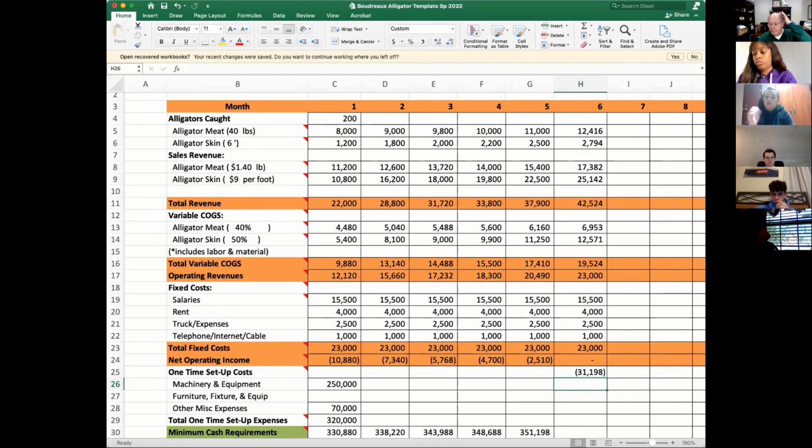What I'd like you to do is have your spreadsheet pulled up on the screen so that when we meet on Tuesday, you will go through it step by step by step. Now, what I will do is come to you and say, how do we calculate how many alligators he caught?